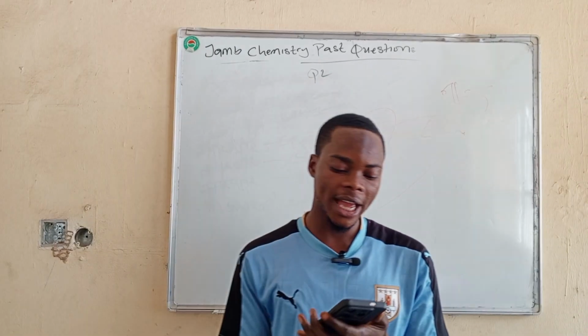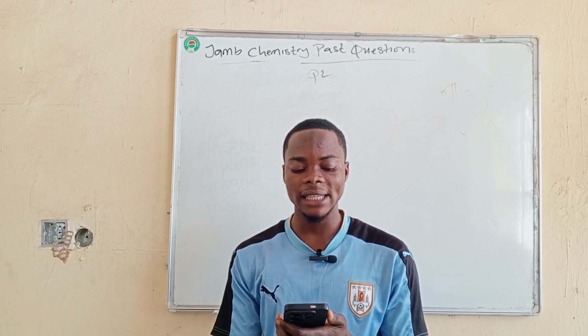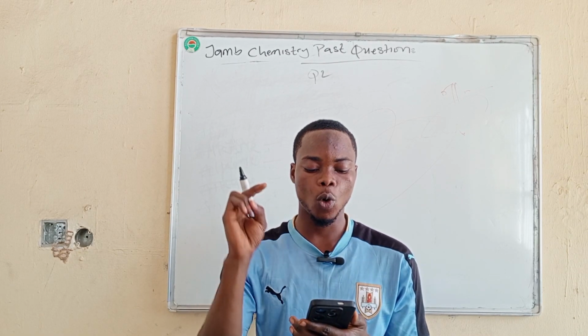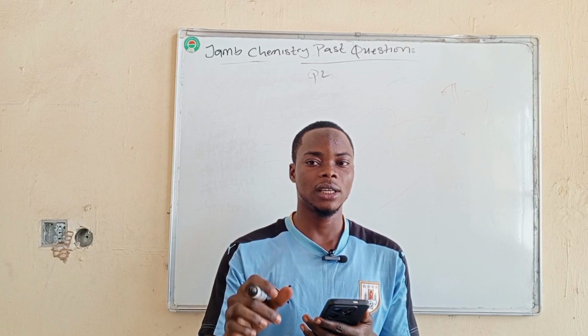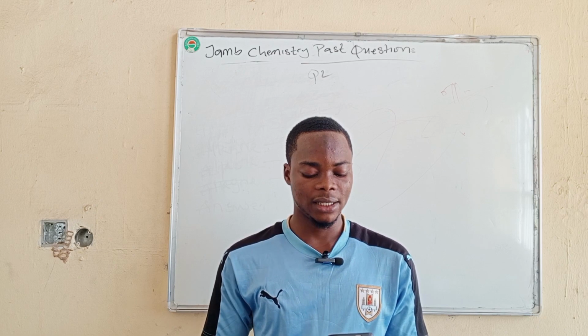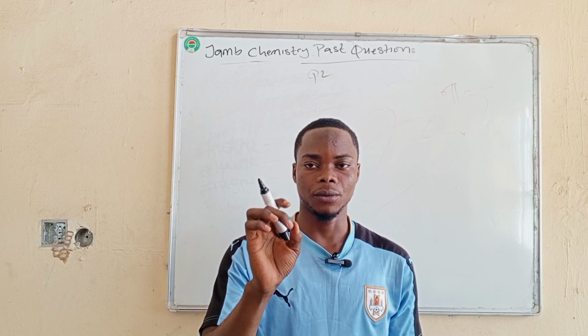So question number 2 here is: carbon exists naturally in the combined state as what? A. Graphite, B. Coal, C. Diamond, D. Wood. So diamond, graphite and coal are all allotropes of what? Carbon.